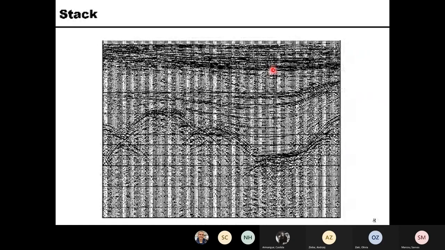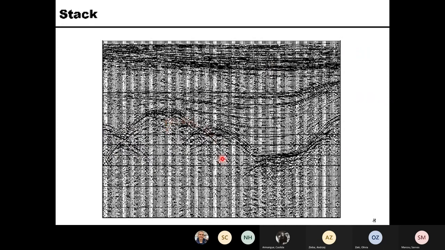Right, let's see the stack section. You can see here, this is just like a bow tie, right? That's the response of a narrow syncline.